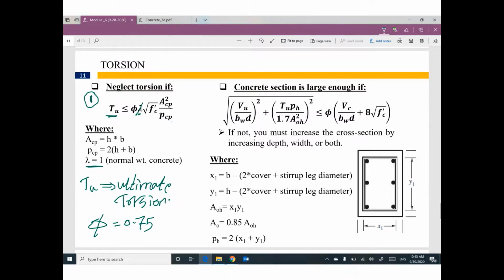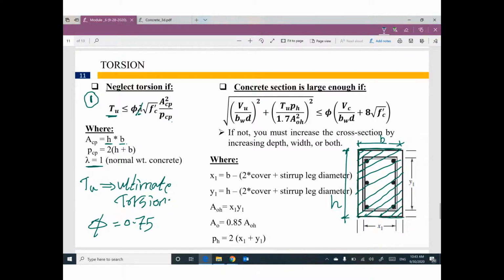Acp is the area of the total cross section. The whole cross section. H times B. B is the width. H is the total, the overall depth. P is the perimeter. What is the perimeter of this cross section?